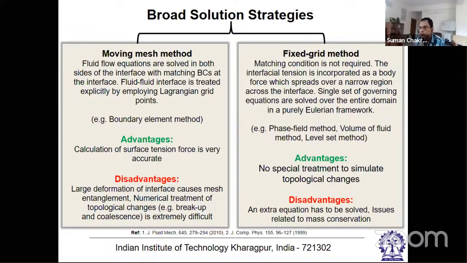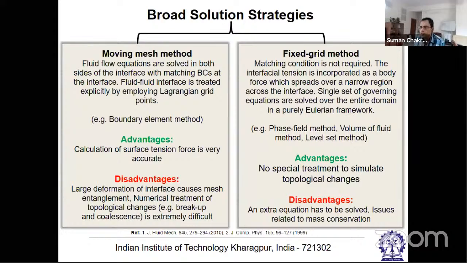The alternative approach, which is the fixed grid approach, has a different benefit. The fixed grid approach, although it doesn't explicitly track the interface, uses an Eulerian framework whereby a mathematical function implicitly captures the interface, but the mathematical function is very much similar to the function f that we described to represent the interface mathematically.